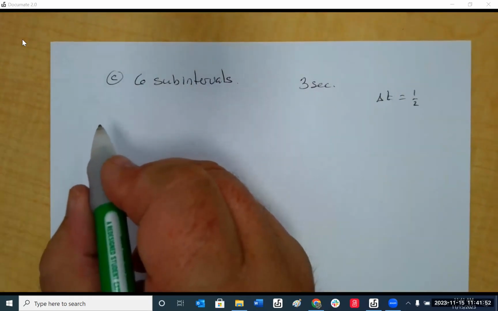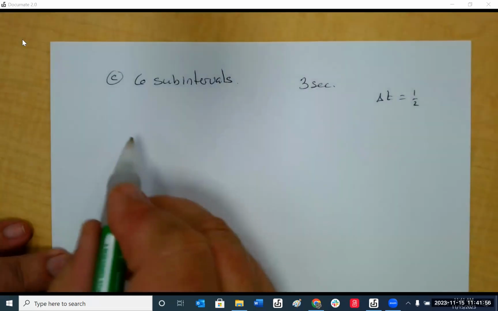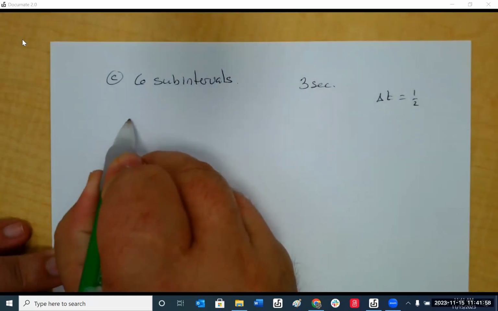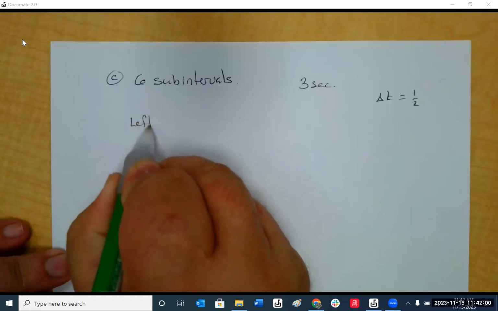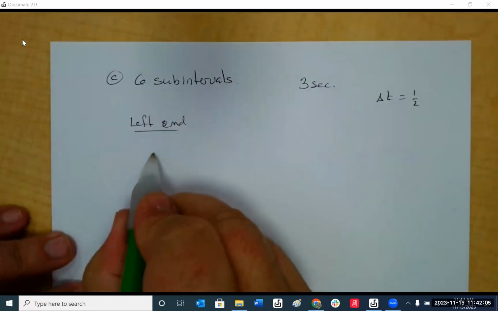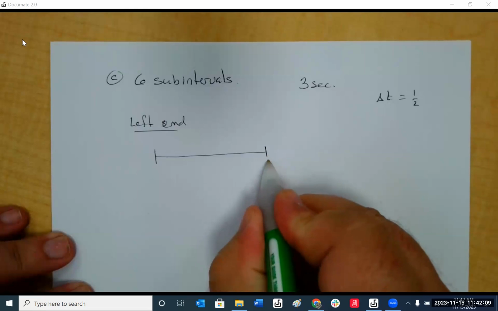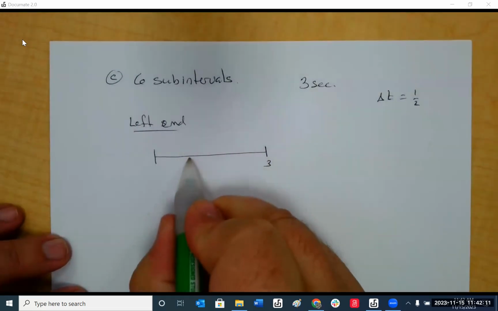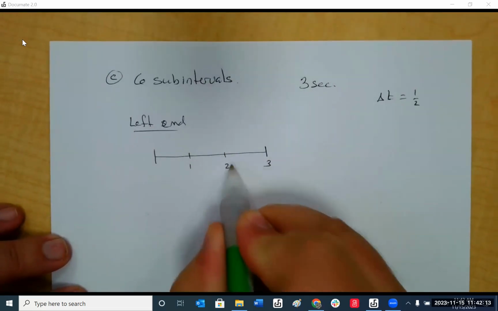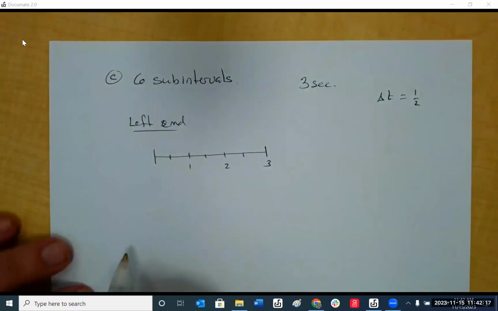It doesn't want us to do all 3 of them again, so let's just look at the left side, your left end. We want 6 intervals.